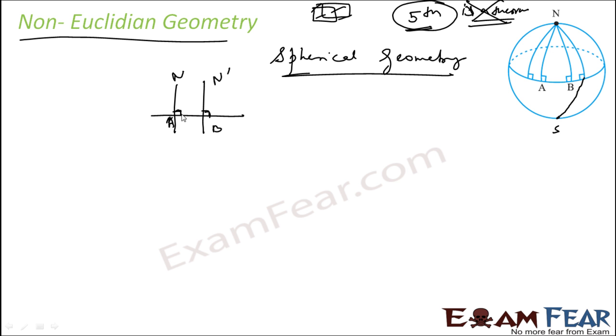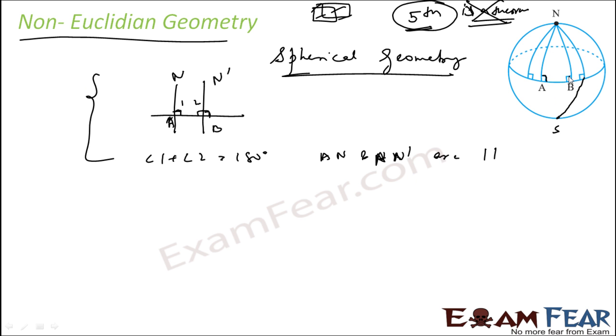Right? Because the sum of the angles, angle 1 plus angle 2, is equal to 180 degrees, AN and BN are parallel and they won't meet in Euclidean geometry.